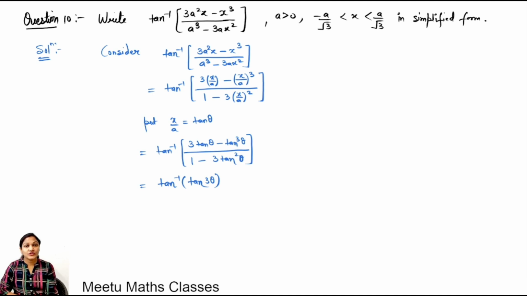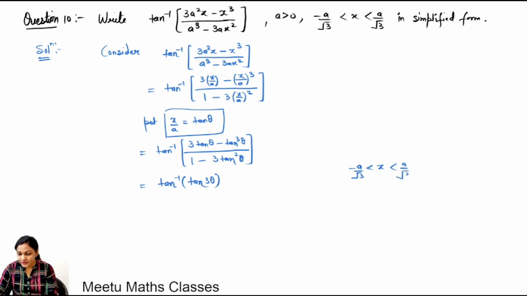Now we are going to check whether 3 theta lies in the range of tan inverse or not. Since x is lying between minus a by root 3 and a by root 3, x by a will lie between minus 1 by root 3 and 1 by root 3. So tan theta is lying between minus 1 by root 3 and 1 by root 3.